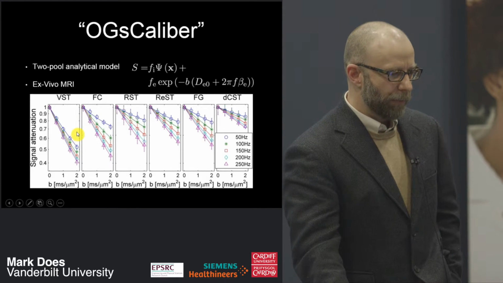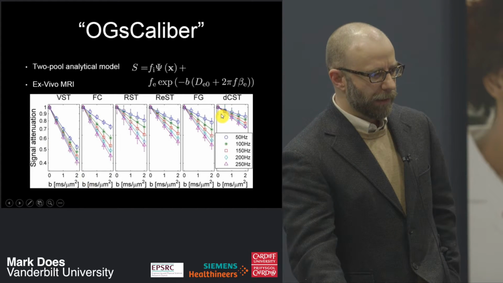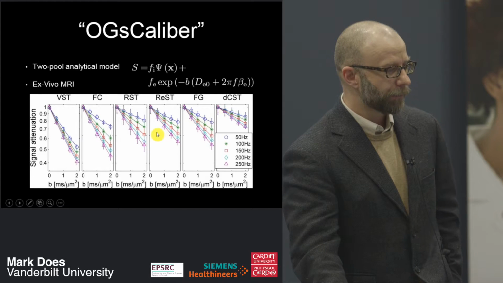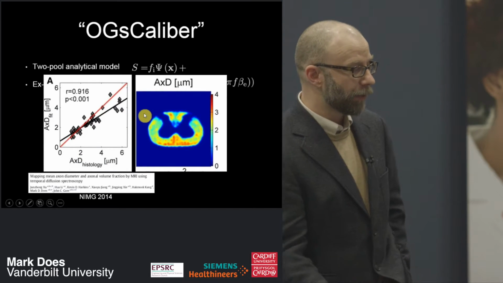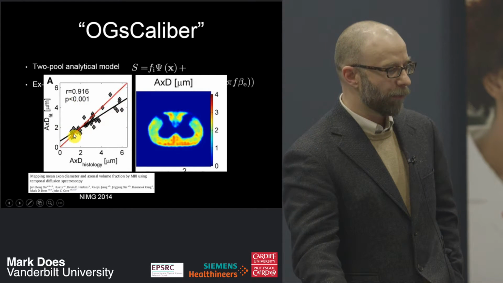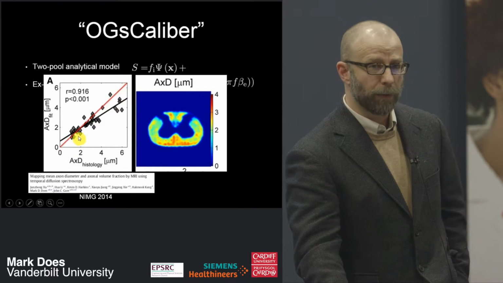And then we did some ex vivo MRI, so you can see we got a whole bunch of different images at different frequencies, different b values, and the model fits the data quite well across all these tracts. More importantly, when we pull out from the fits the axon diameters, it actually does quite a good job of characterizing axon diameters, even when you consider accuracy, right? So this red line here is the one-to-one line.